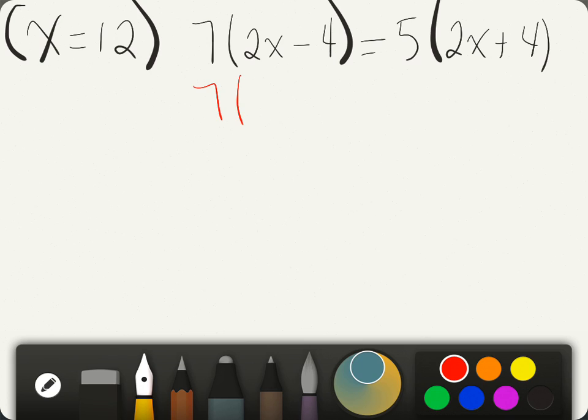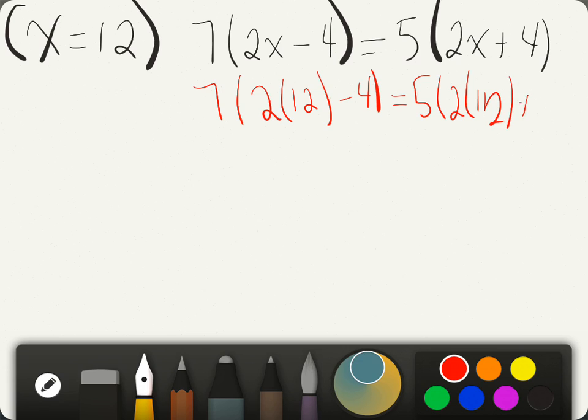So 7 bracket 2 bracket 12 minus 4 bracket equals 5 bracket 2 bracket 12 plus 4 bracket.